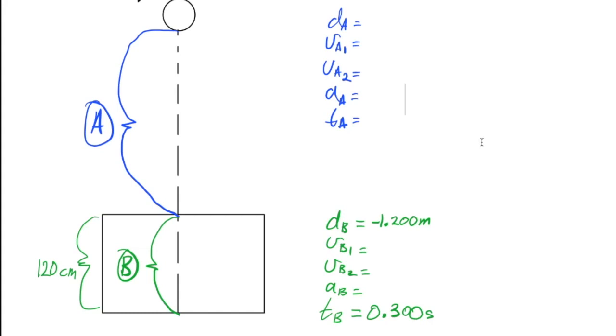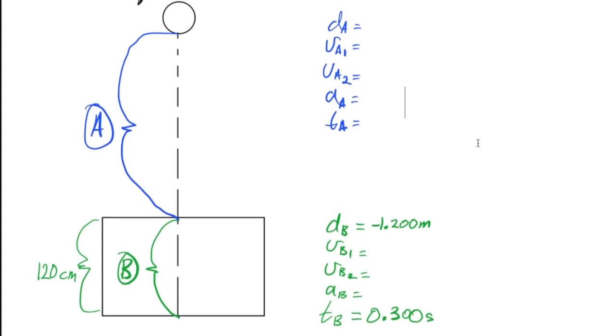Okay, well, another clue is it did say that the flower pot fell. So that means our initial speed or initial velocity in section A is 0 meters per second. Nowhere did it say the number 0 meters per second, but it is implied from the word fall as opposed to thrown. Okay, so the other thing, what we're trying to find is this distance here, which I'm just going to call y.